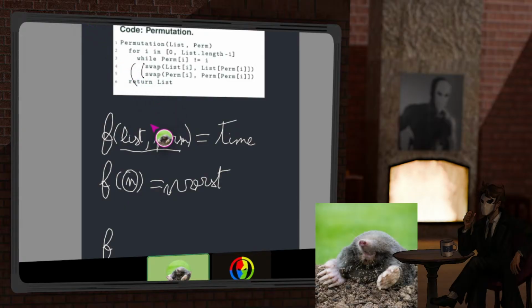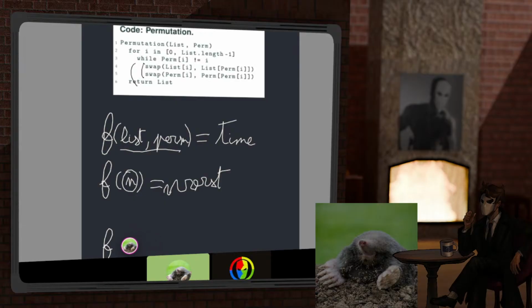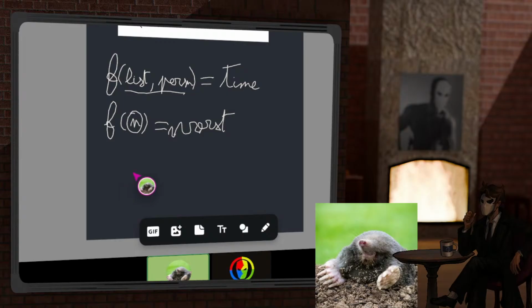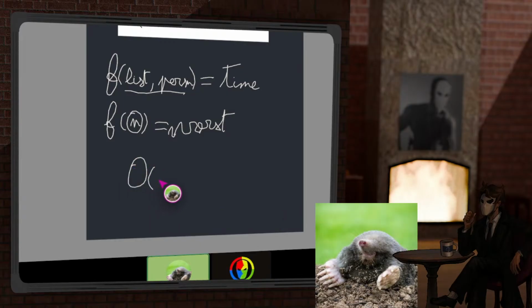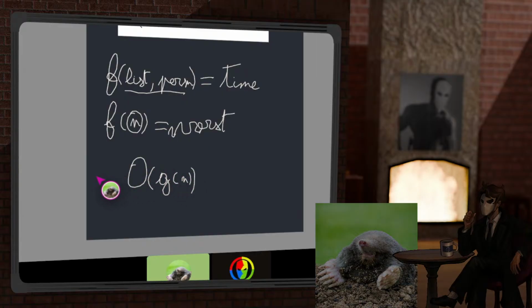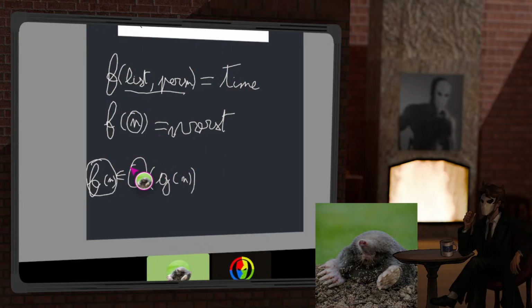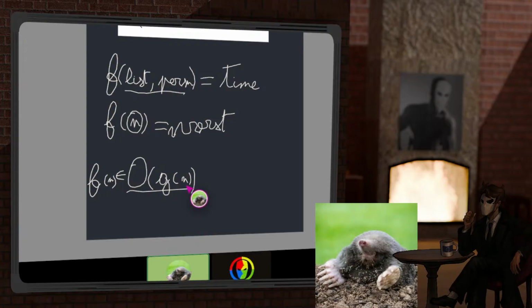Rather, for now we are going to use big O notation: in what order is the function? So we are trying to find a function g such that our worst case time is in this form.